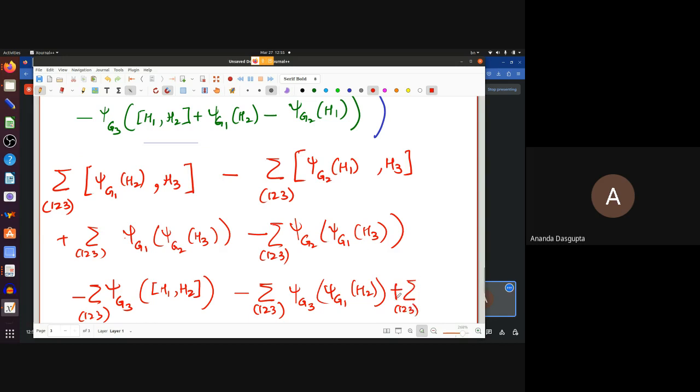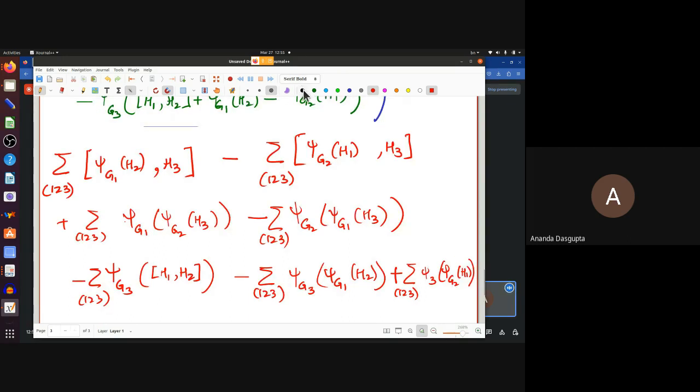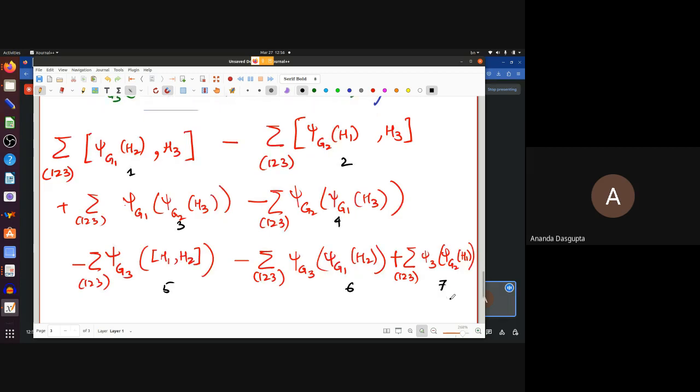Okay, plus, that's the last term. Psi G3 and psi G2 H1. Right? So I've written all the terms. Let's number them 1, 2, 3, 4, 5, 6, 7, so that we can talk about them easily. And somehow this whole sum, the cyclic sum of all of these terms, has to vanish.